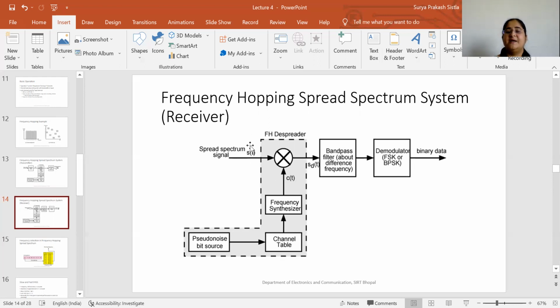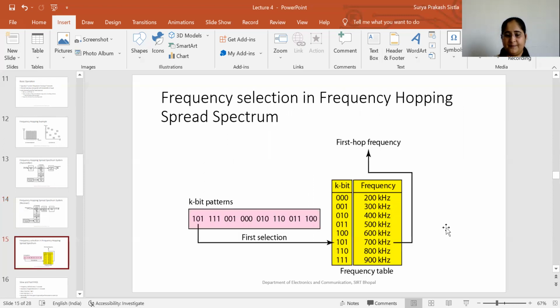Then these are multiplied by your received signal. Then you will get your despread signal here. After that, this despread signal is passed through your band pass filter and it is demodulated as per the scheme that you applied at the transmitter side, and here you will get your binary data.